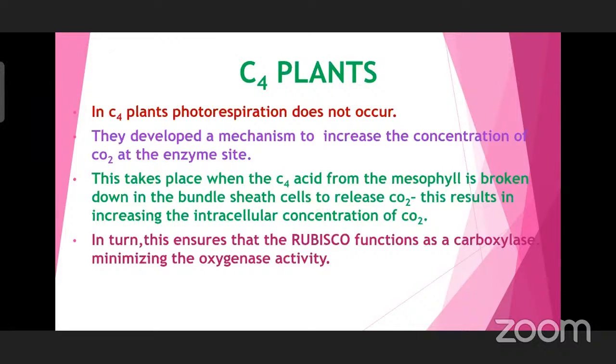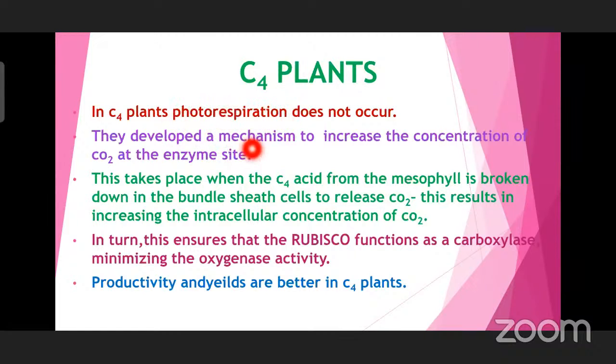In turn, this ensures that Rubisco functions as carboxylase, minimizing the oxygenase activity. So C4 plants give higher yield, higher productivity because they skip photorespiration. They have a good mechanism where they form C4 acid, and they have mesophyll cells and bundle sheath cells.